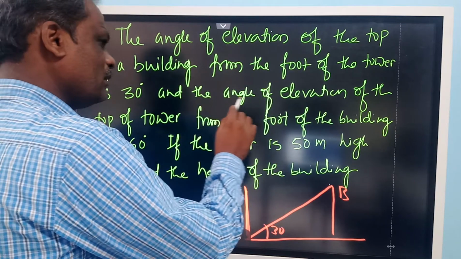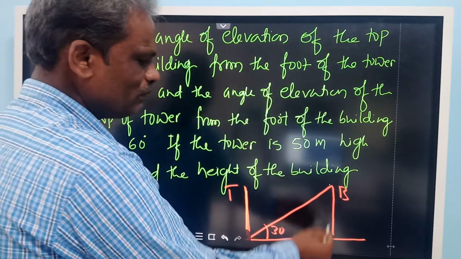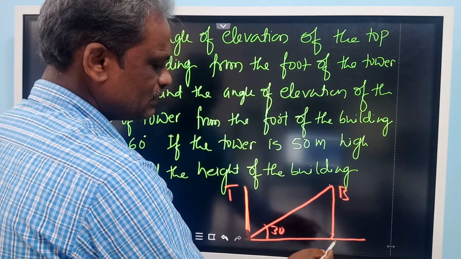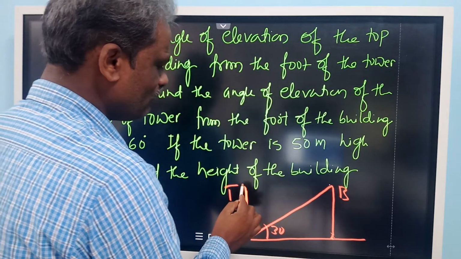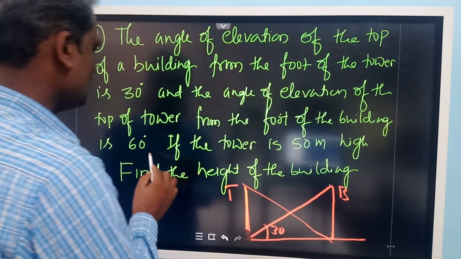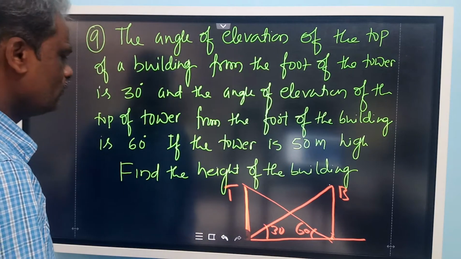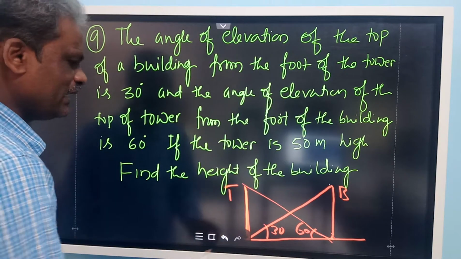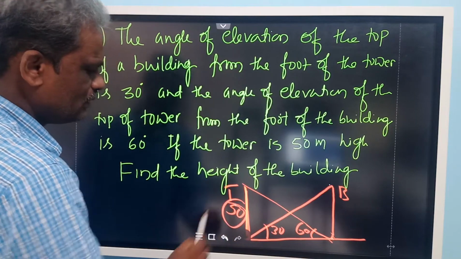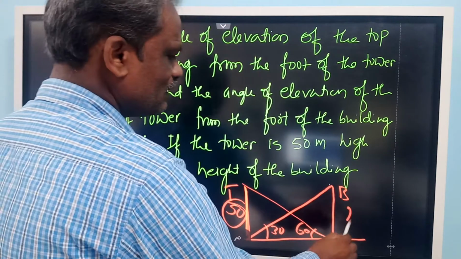The same thing is done from the other side. From the foot of the building, you observe the top of the tower, and this angle of elevation is found to be 60 degrees. If the tower is 50 meters high, that height is given. Now you need to find the height of the building.